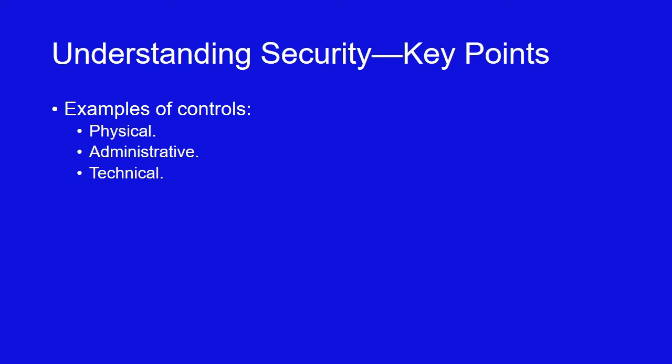Administrative controls focus on providing some assurance around, and governance around, who has access to information within an organization. There are other examples of administrative controls as well. And technical controls focus on, as we talked about in the prior slide, the technology that's used to implement many of those things. Again, when we look at controls, technology is important, but technology alone cannot solve all of our security problems.